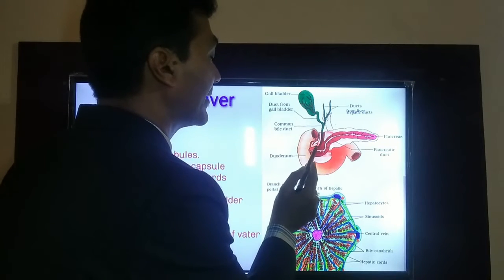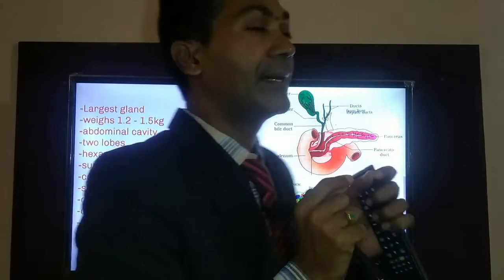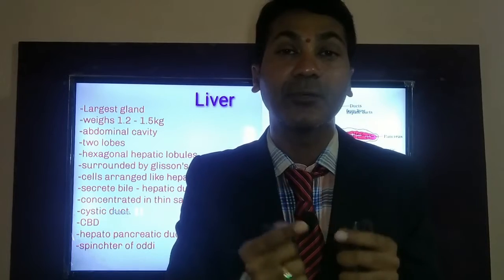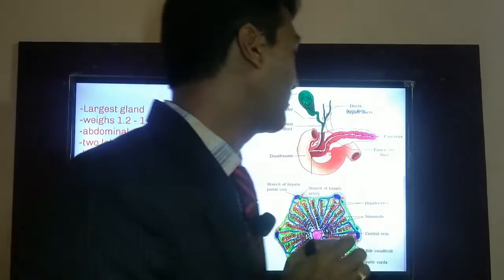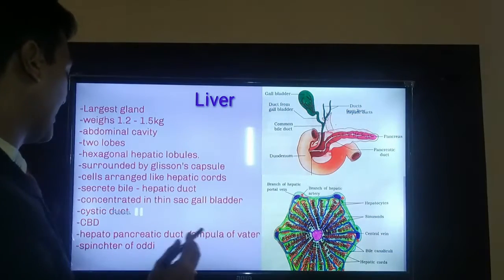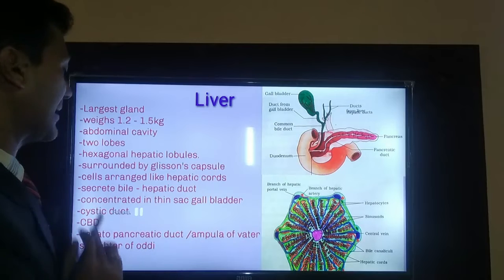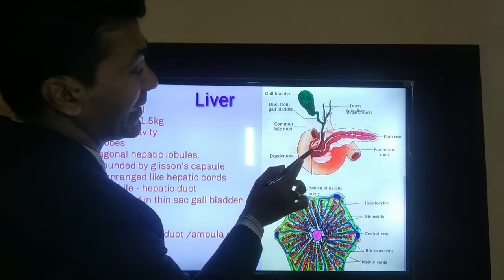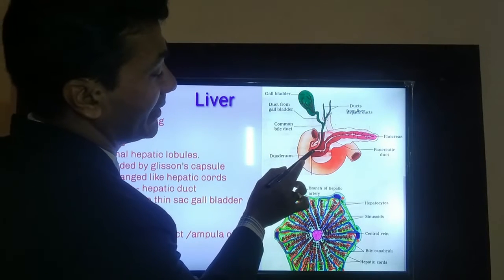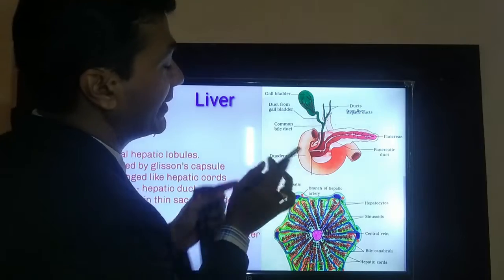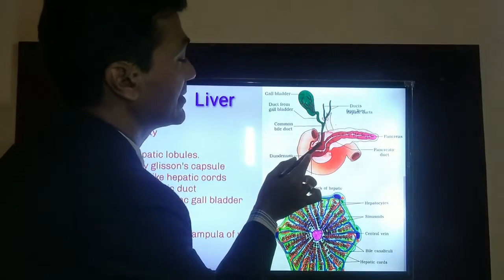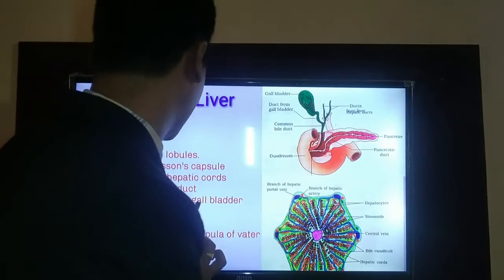So the common bile duct and pancreatic duct both unite and form the ampulla of Vater or hepatopancreatic duct. The hepatopancreatic duct is formed by the fusion of two ducts, the CBD and the pancreatic duct.